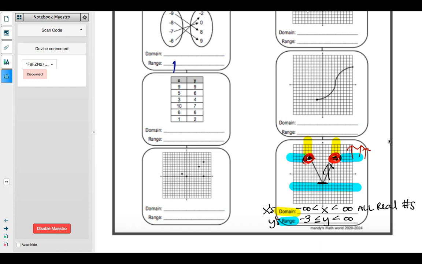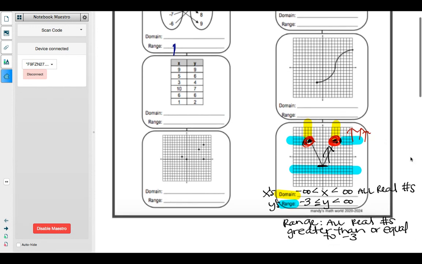And we could say that my range is all real numbers greater than or equal to -3. Okay, oops, can't see that.